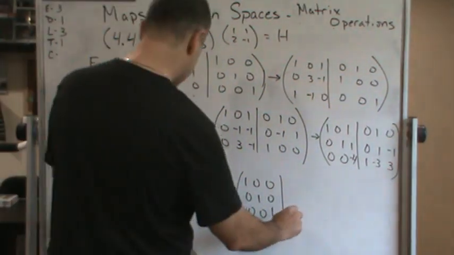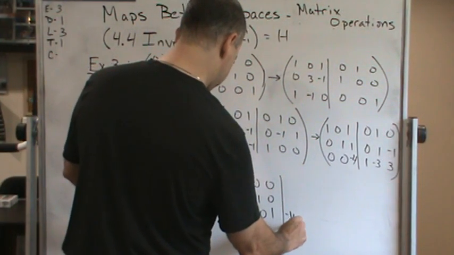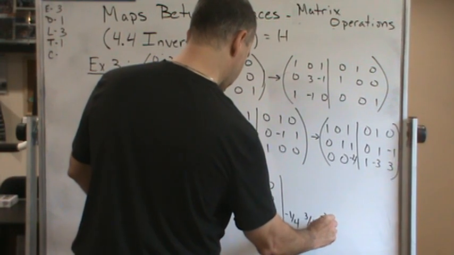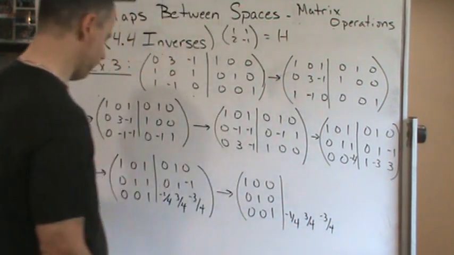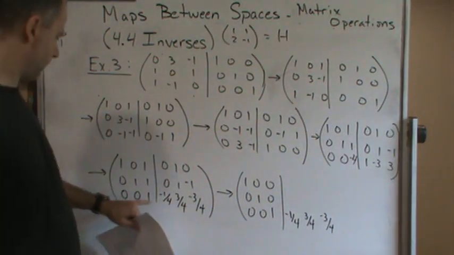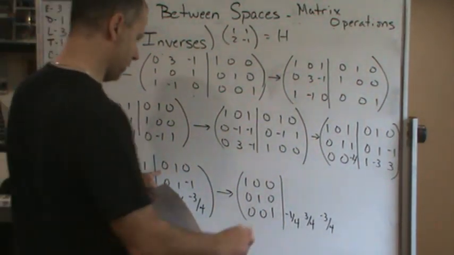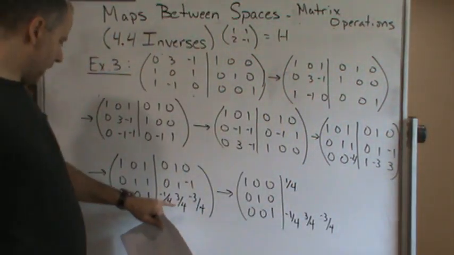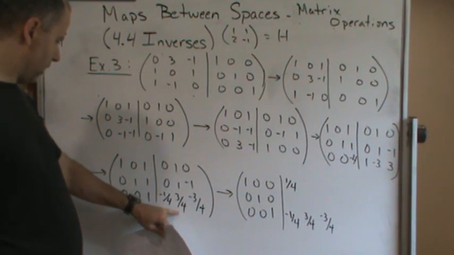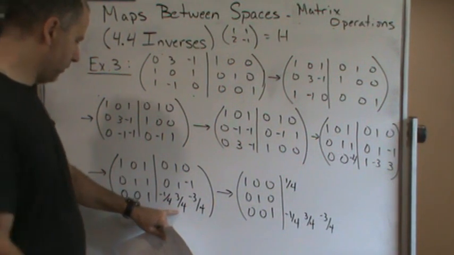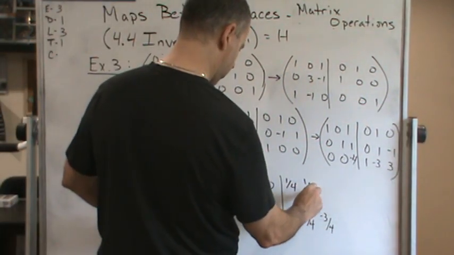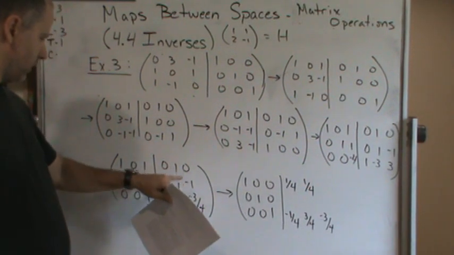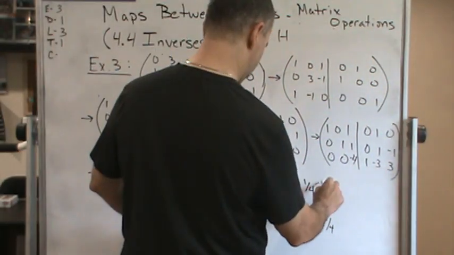The last row is unchanged, so that's 0, 0, 1, negative 1/4, 3/4, and negative 3/4. Now I'm going to take negative this plus this, which gives me a 4th. Negative this plus 1 gives me a 4th. And negative this plus 0 gives me 3/4.